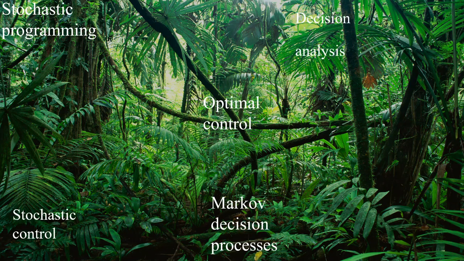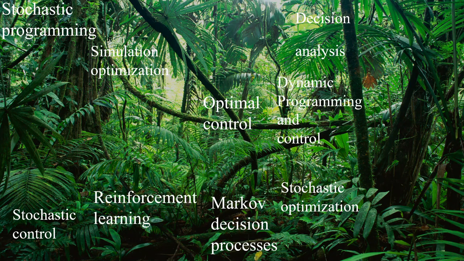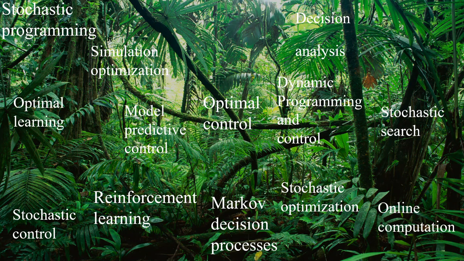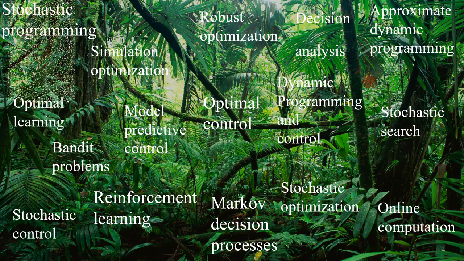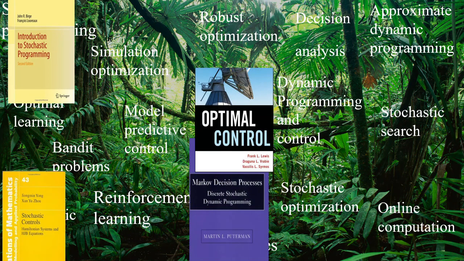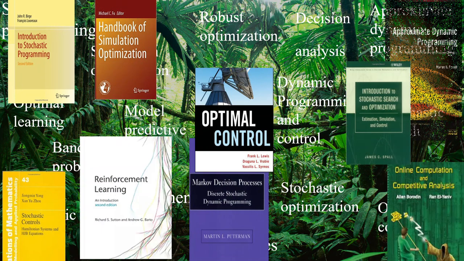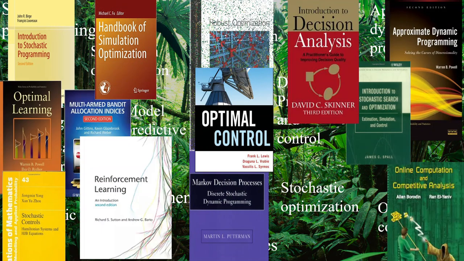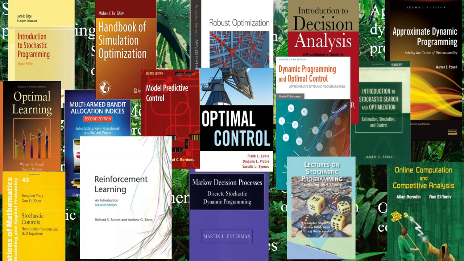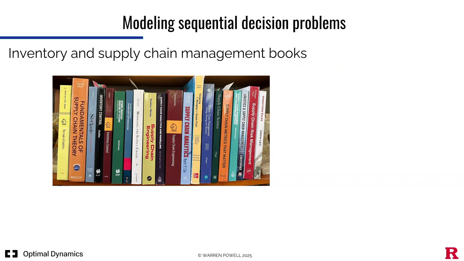I like to refer to this as the jungle of stochastic optimization. Every single one of these terms refers to a community. There's a book, sometimes a whole series of books, 8 different notational systems, a variety of different methods, all different types of applications. These are communities that sometimes know of each other. Often they're just completely separate.